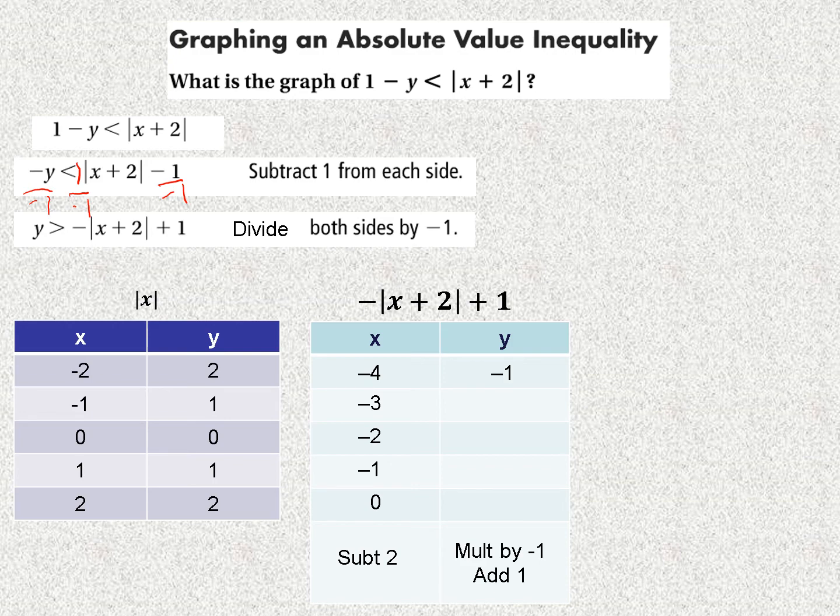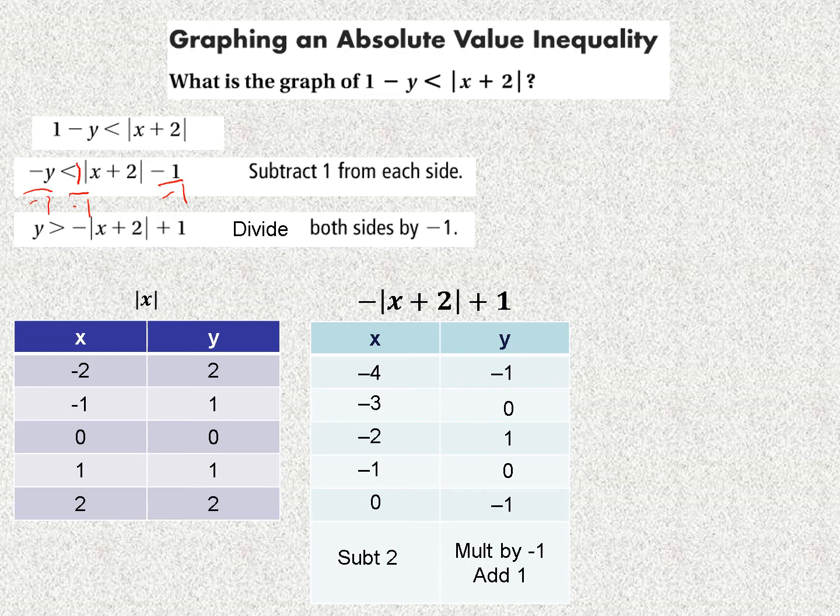Negative 1 times 1 is negative 1, plus 1 is 0. Negative 1 times 0 is 0, plus 1 is 1. Negative 1 times 1 is negative 1, plus 1 is 0. Negative 1 times 2 is negative 2, plus 1 is negative 1.